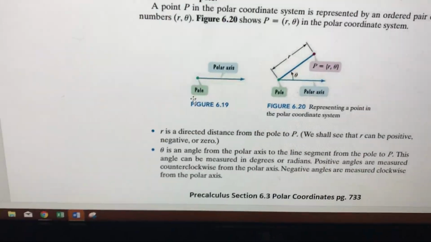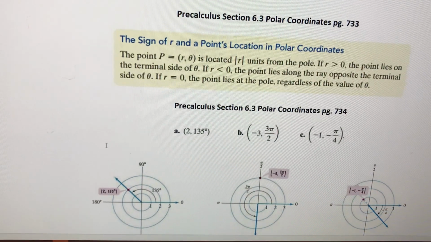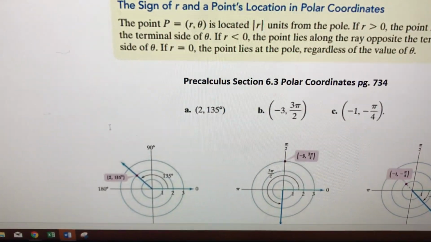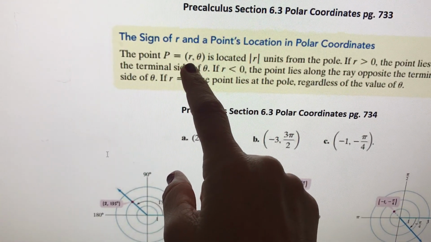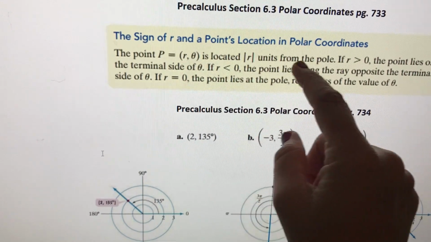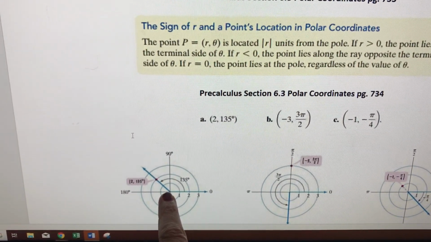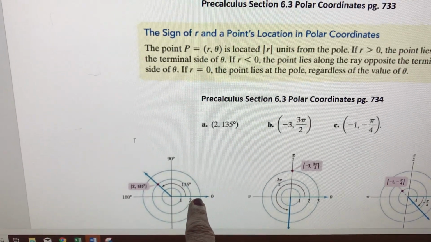Alright, so I need to zoom down. So the signs I thought were kind of important to understand as well when it came to polar coordinates. The point P with R is an absolute unit from the pole. So, you know, if it's 1 or negative 1, it's still going to be that distance of 1, 2, 3, whatever.